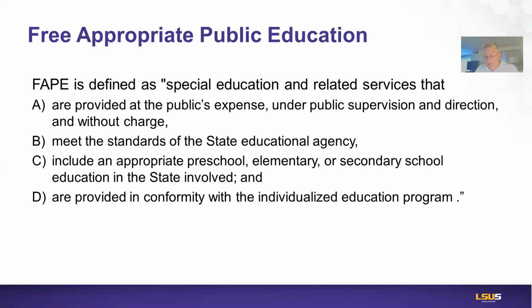And in fact, the court has ruled regularly that if a service is not available through the public school, then the public school has to pay for that service to be provided by whatever organization is able to provide it. Therefore, if you have a student who is visually impaired, who's blind, they may not actually go to your school, but your school's going to pay for that service because it's a free, appropriate public education.